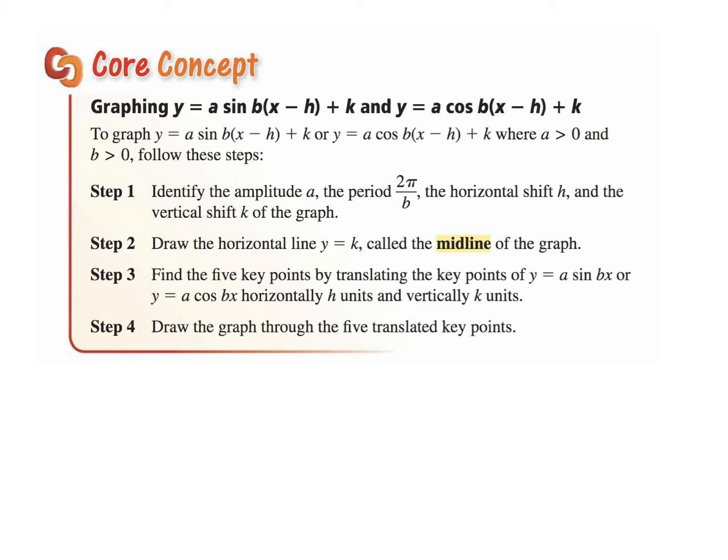So yesterday, if you did them in order, so day 1 of this lesson, we just focused on the basics of y equals a sine bx and y equals a cosine bx. We looked at those two.